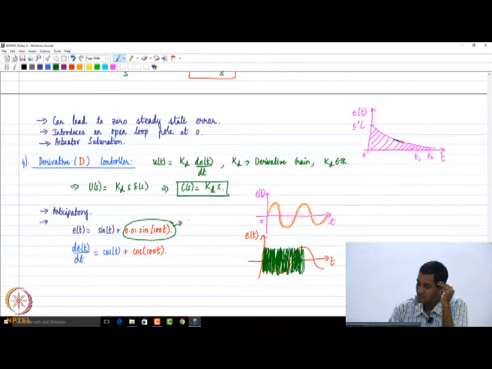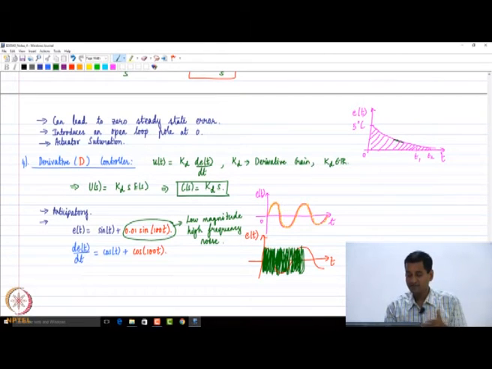We may consider it to be low magnitude, but the issue for us is that it's low magnitude, high frequency noise. That is the problem for us. The control action just amplifies it, and that can lead to problems.